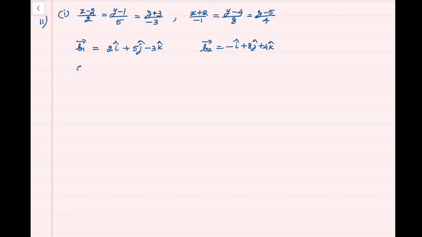Angle between two lines formula: cos theta is equal to vector b1 dot vector b2 divided by magnitude of b1 times magnitude of b2, and we have absolute value sign so that we will get the acute angle between the two lines.